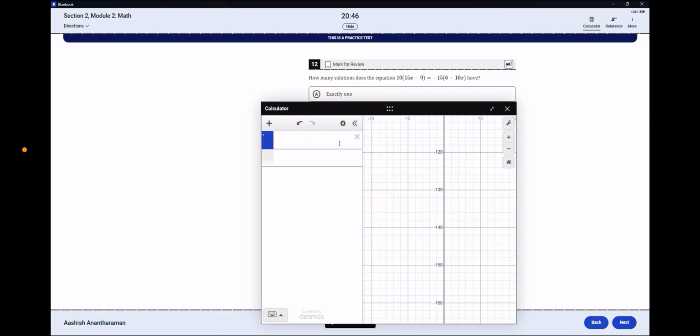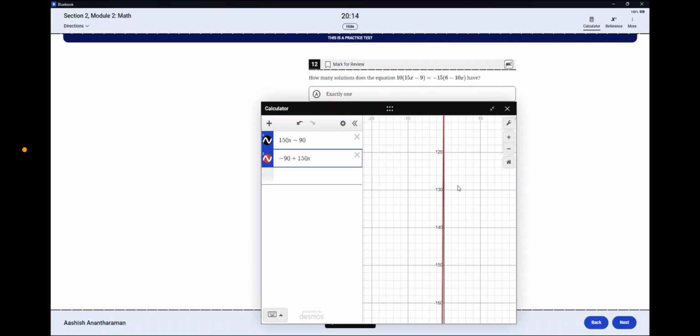Okay, so we have 150x minus 90. I'm just distributing here. And we have negative 90 plus 150x.